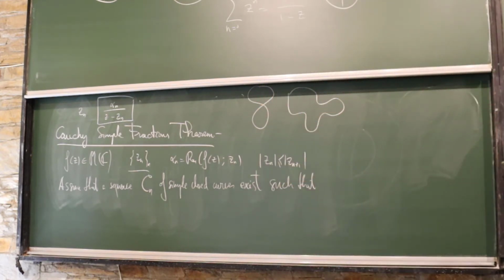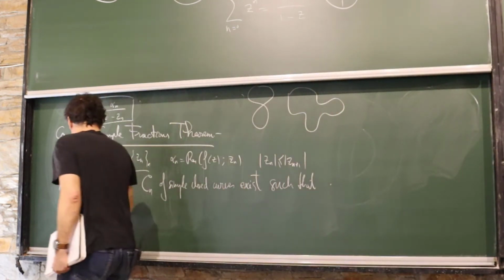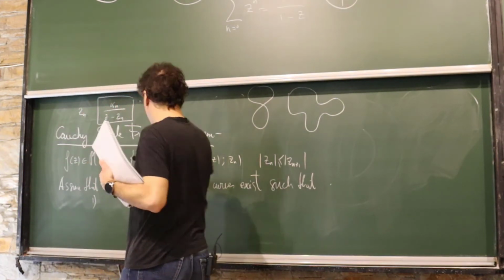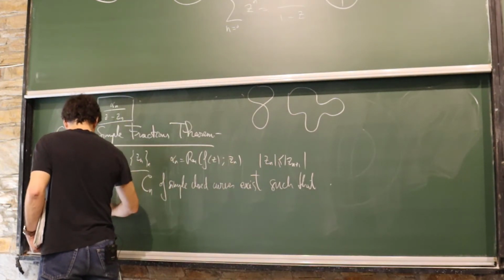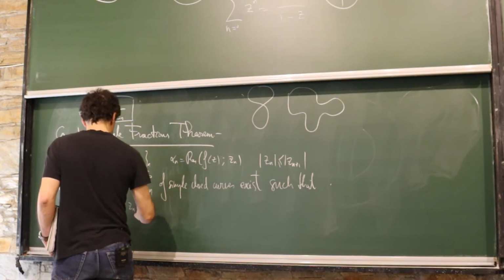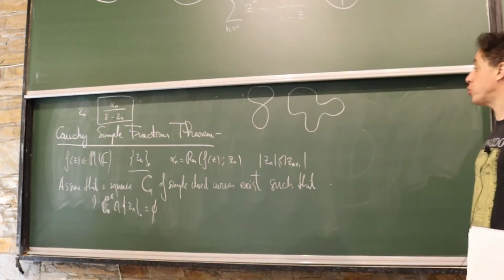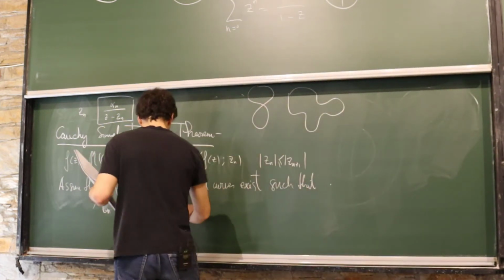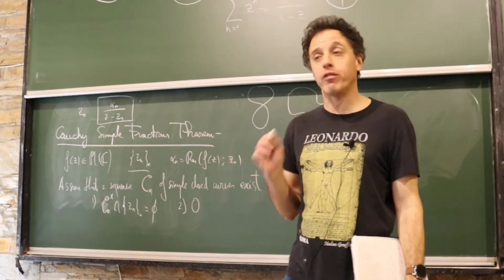Simple closed curves exist such that several assumptions hold. First of all, none of the poles are on any of the curves. So for any n, the image Cn star intersected with this set of points is empty. Curves do not pass through any of these points. Second, 0 is inside the curve, so in the bounded connected component of the complement.